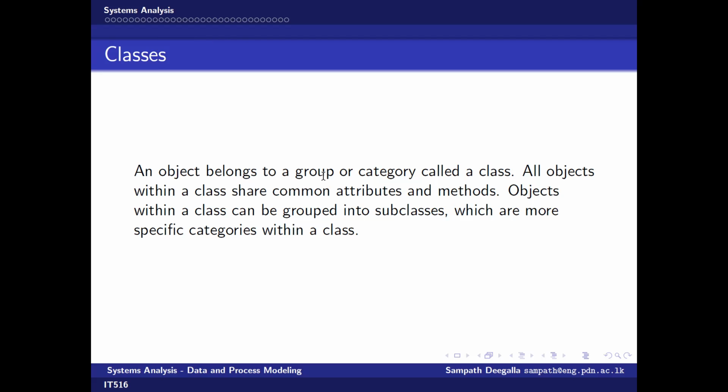Right, the concepts, class. Now, when you take objects, the objects belong to what we call classes. So a class is like a template we can use to create objects. So usually when you say objects within a class, you will have the same attributes and the methods.